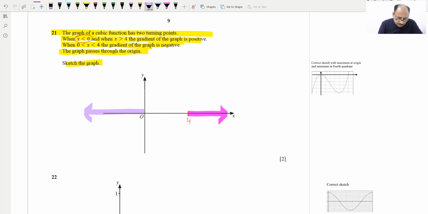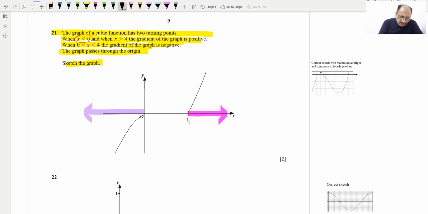Now they're saying the gradient of the graph is positive. So positive means it's going up. Positive gradient means like this one, right side should be up and left side should be down. So for this one, we can take the gradient portion like this one. This is the curve. And for this portion, this is also positive. So we can take like this one.